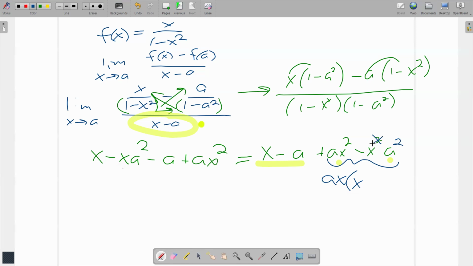I wrote it down wrong. Minus a. And this right here is an x minus a. I'm going to put parentheses around that for a second. That's this numerator right here.